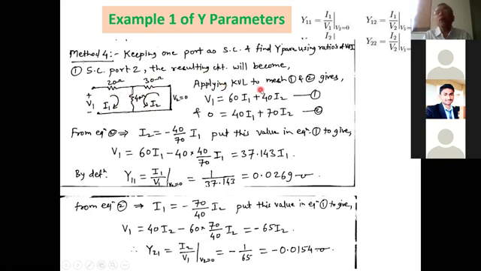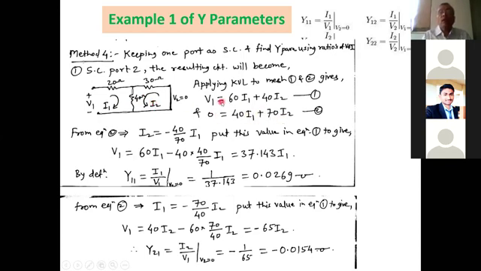So applying KVL to mesh 1 and 2, you will get V1 equal to 20 I1 plus 40 (I1 plus I2) equal to V1 as the first equation, and for the second loop, 0 equal to 30 I2 plus 40 (I1 plus I2). Okay, so that is 70 I2.